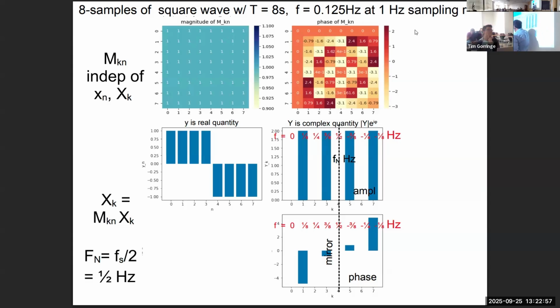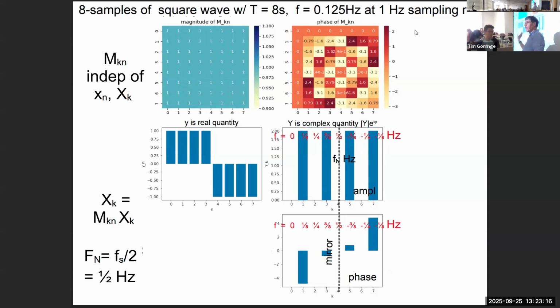Well, look, the 1/8 of a hertz makes obvious sense, right? This is a square wave that has a period that is 8 samples, so 8 seconds, so a frequency that is 1/8 of a hertz. So obviously we expect to see 1/8 of a hertz. Well, there's also a 3/8 of a hertz. Where do the 3/8 of a hertz come from?